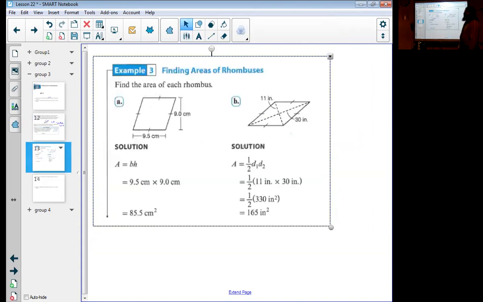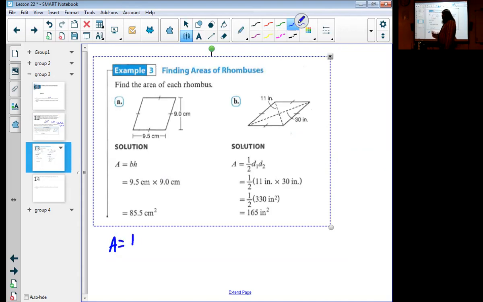So coming over here, we have find the area of each rhombus. So here we have just the normal base times height one. We're not dealing with diagonals at all. So we have A is equal to BH from the parallelogram.